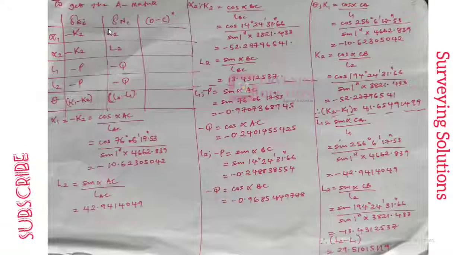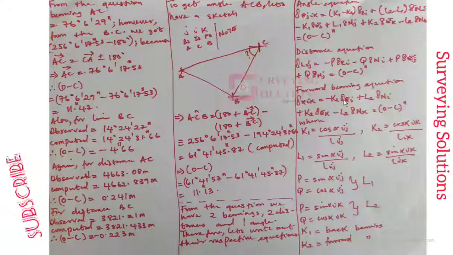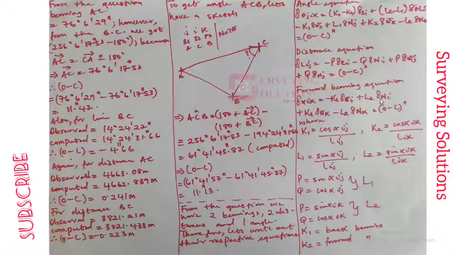Are we together? Good. So now we are still on the forward bearing equation. Since we know that C is our instrument station and it is I, the coefficient of delta easting is minus K2. That's why you see minus K2 under delta easting. And then the delta northing coefficient for the instrument station is L2.